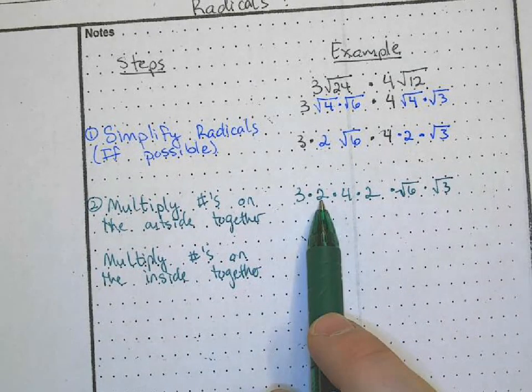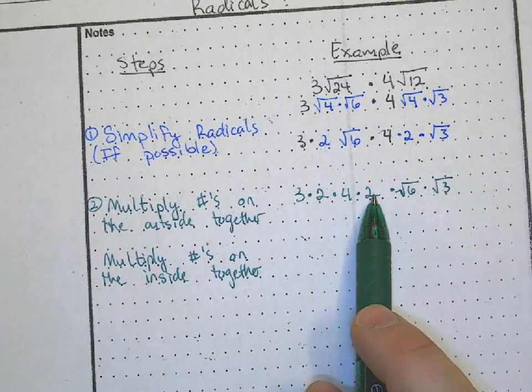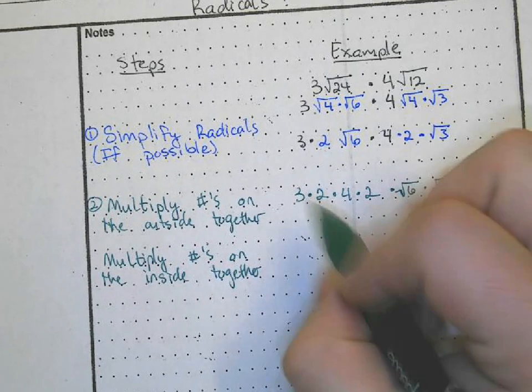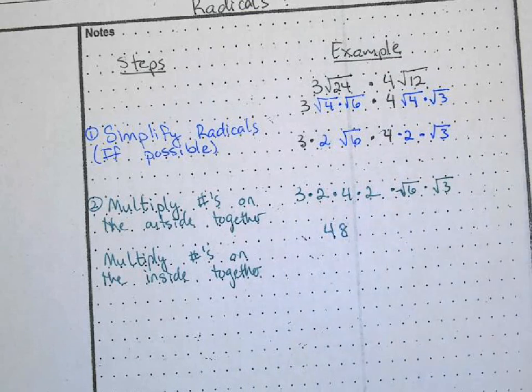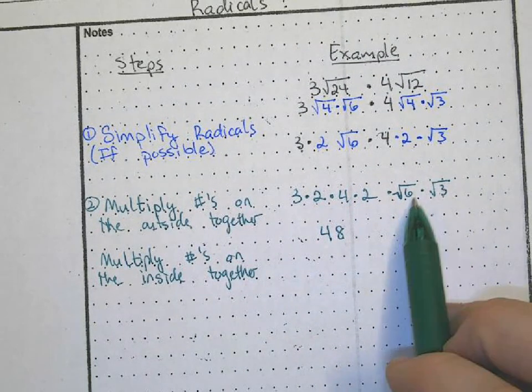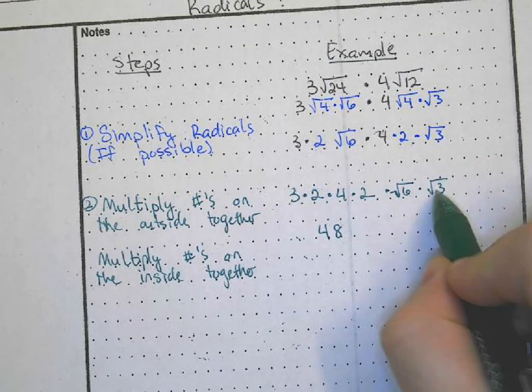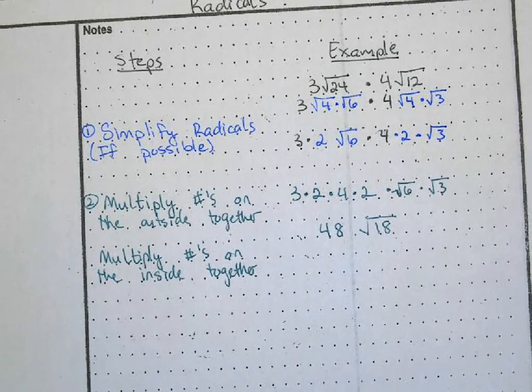So 3 times 2 is 6. 6 times 4 is 24. 24 times 2 is 48. So multiplying all 4 of these numbers together, I get 48. And then I can multiply the numbers on the inside of the radicals together. So that's 6 times 3 would be the square root of 18.